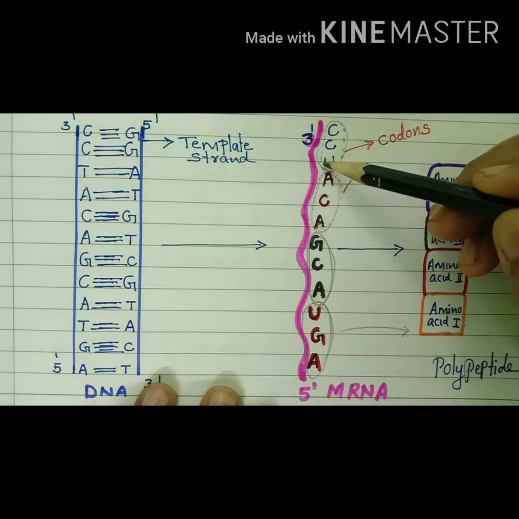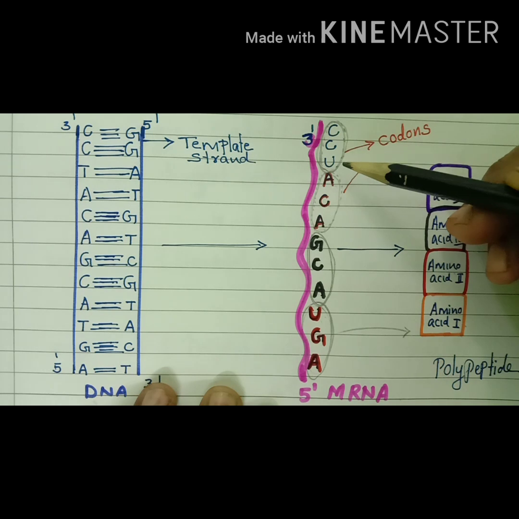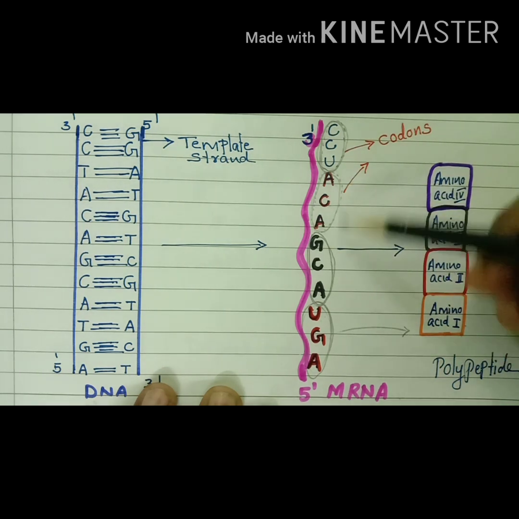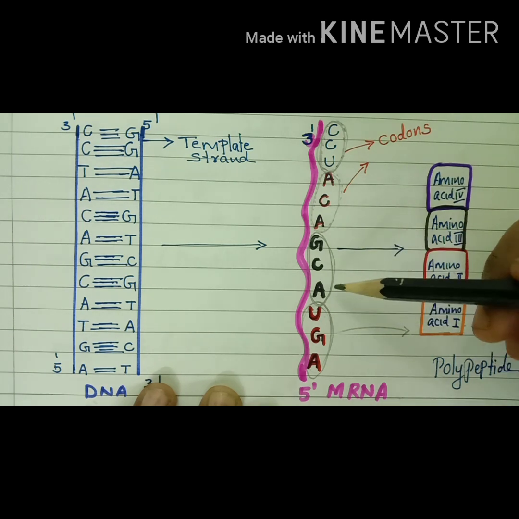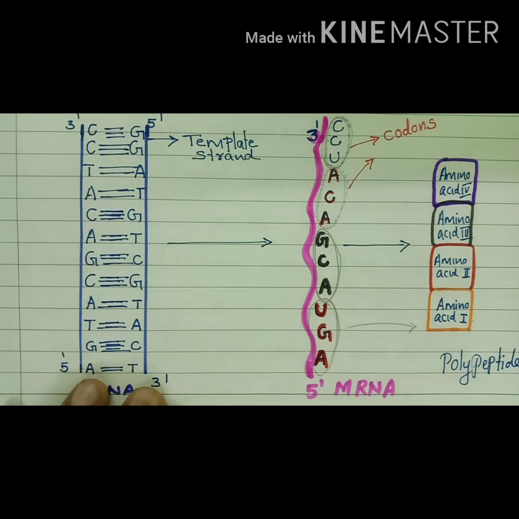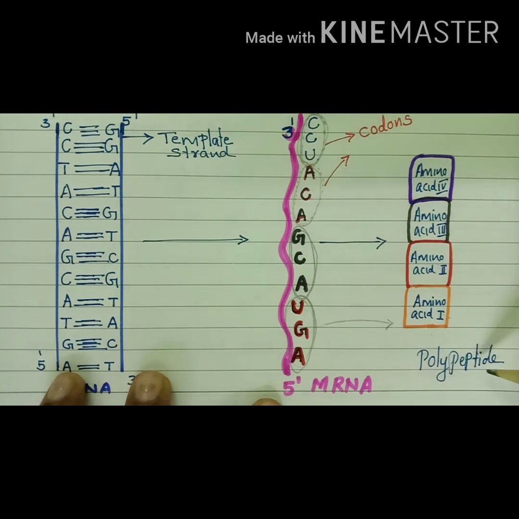And again we can see the next amino acid, which also is coded by 3 nitrogen bases or 3 nucleotides. So these are known as codons. The messages in mRNA are found in the form of codons. These 3 amino acids join together to become a polypeptide or protein.